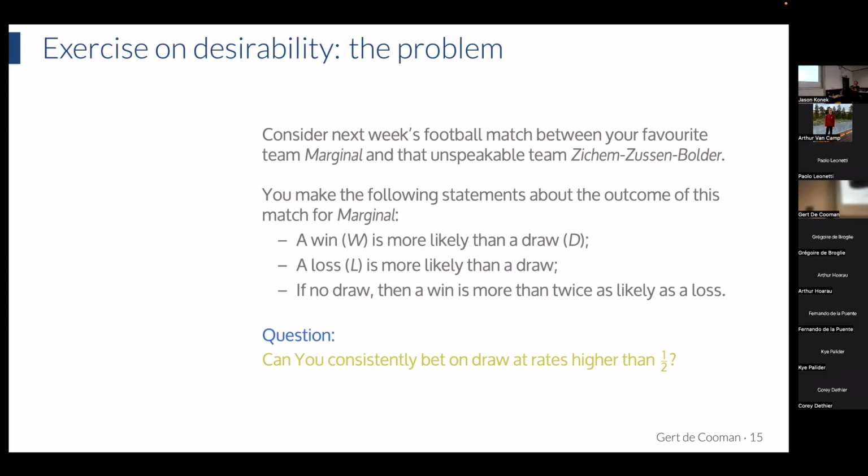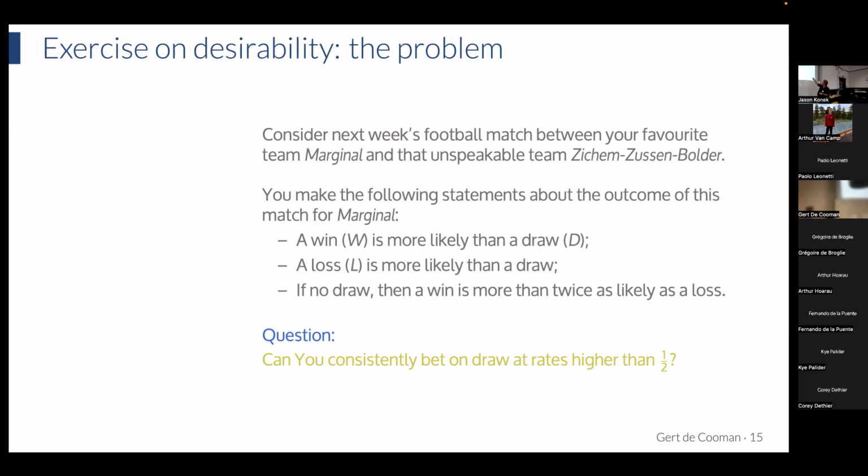You have a space of three possibilities: win, draw, and loss. The gambles are just functions, so they are points in this three-possibility space. So the gambles are of this type, three numbers. Those are the gambles.